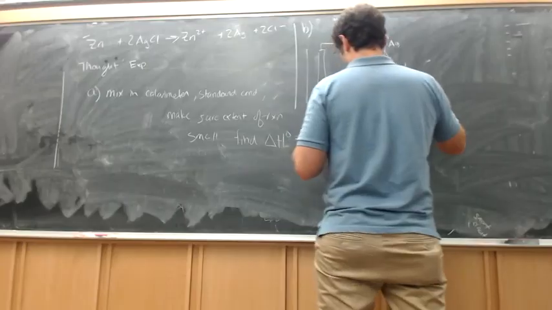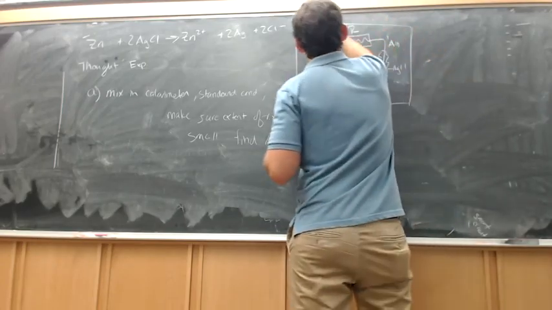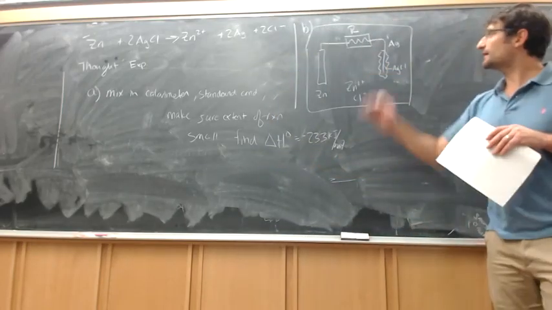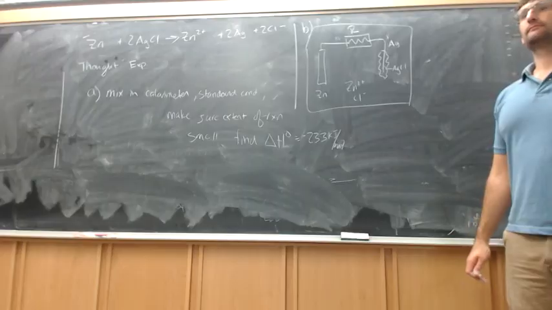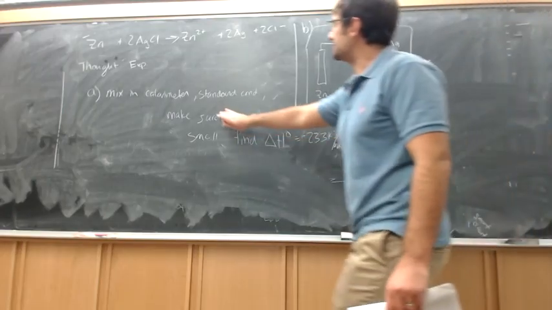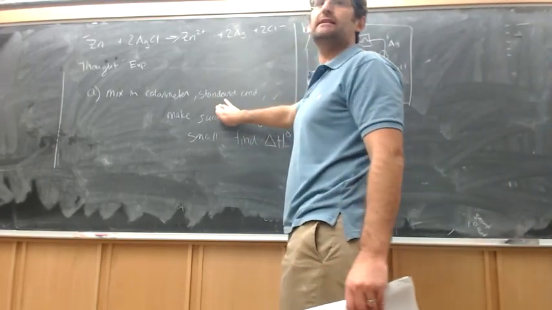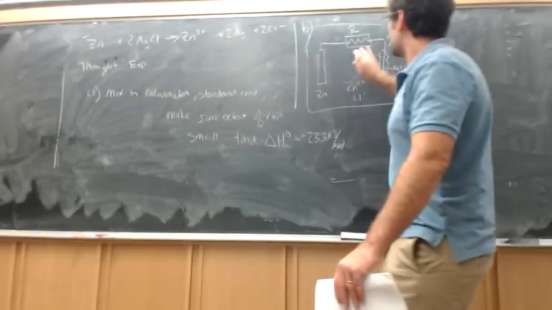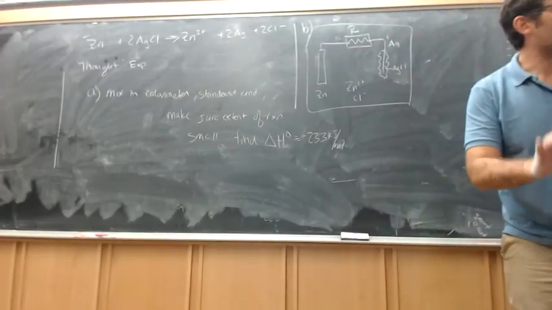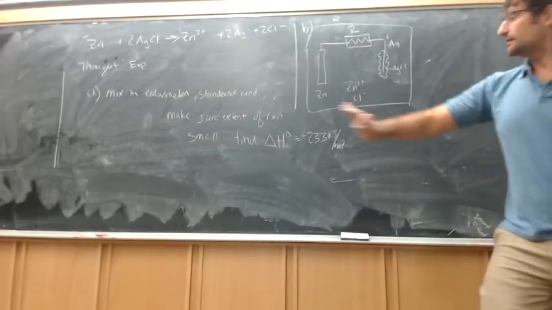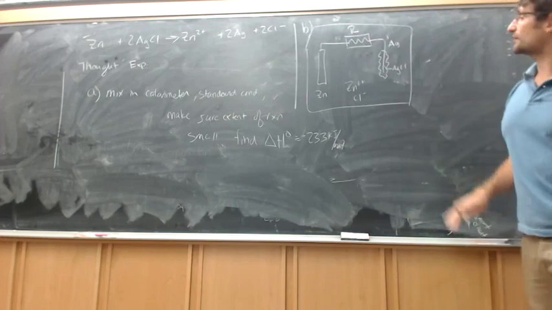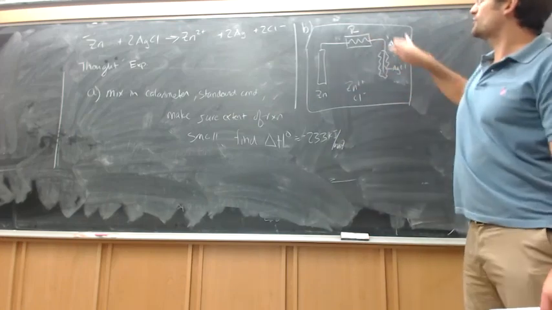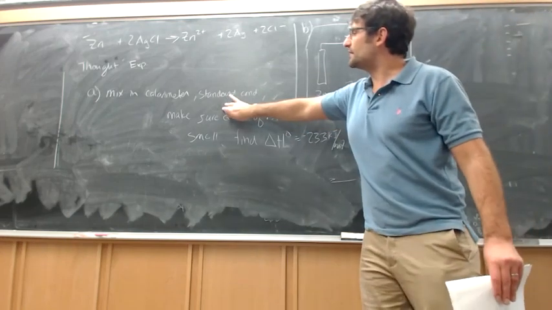I have a cell, and I place the whole cell in a calorimeter, and I let this thing discharge. Am I going to measure the same heat release as here? Again, I'm going to let it discharge, but only a small amount. Everything's going to be in standard conditions. Same thing here, but now I just do it in an electrochemical cell, and I make the current run through a resistor. Am I going to measure the same thing as here?